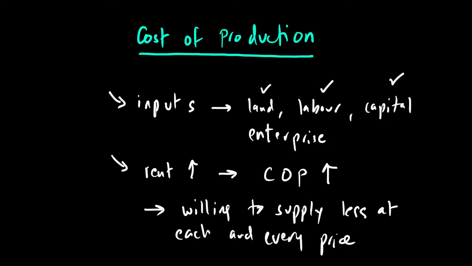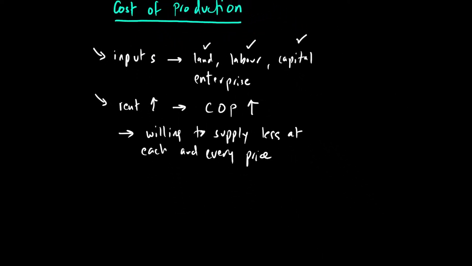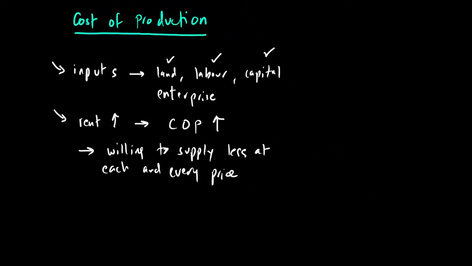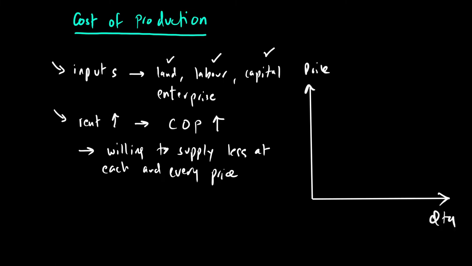Now, this means that if I draw my supply curve for this situation, your supply curve will be shifting backward. So if this is my original supply curve, let's call it S naught, my supply curve will be shifting backward, like for example S1, because the cost of production has gone up.